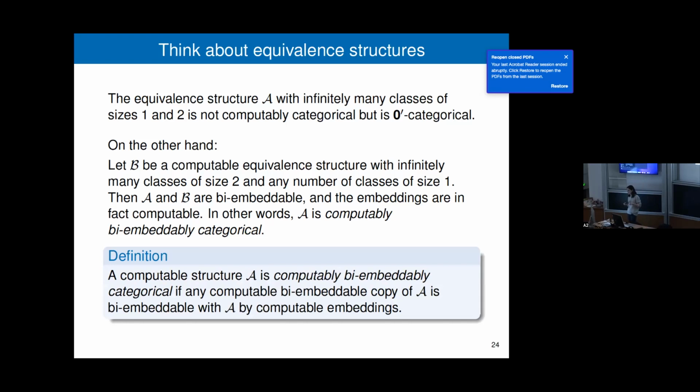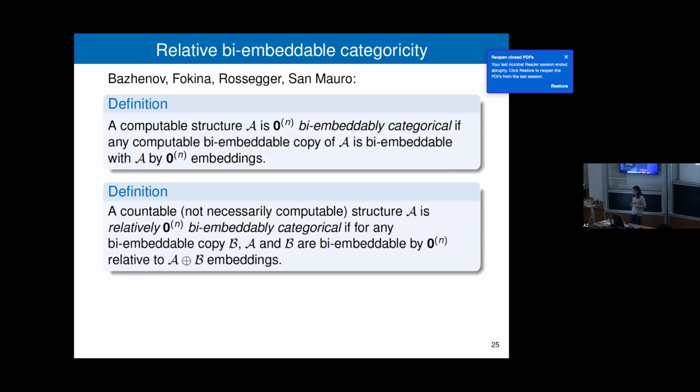We say that a computable structure is computably bi-embeddably categorical, or computably BE categorical, if any computable bi-embeddable copy is actually computably bi-embeddable with it. So we have computable embeddings in both directions. This is something that we defined with Bazhenov, Rossegger, and Mauer. You can also define all this up to an oracle, with relative versions of this definition.